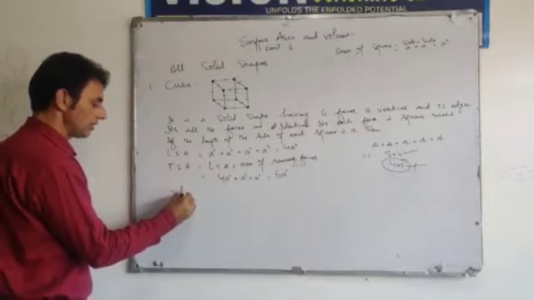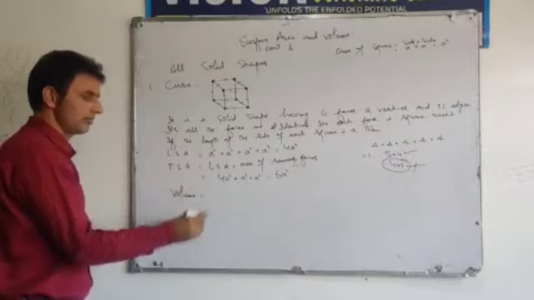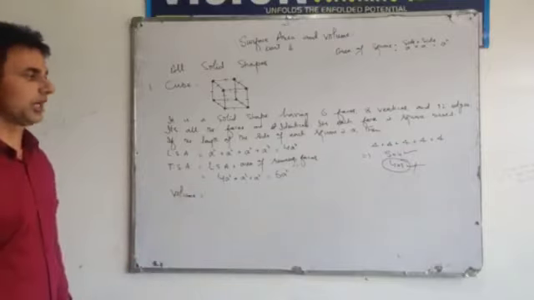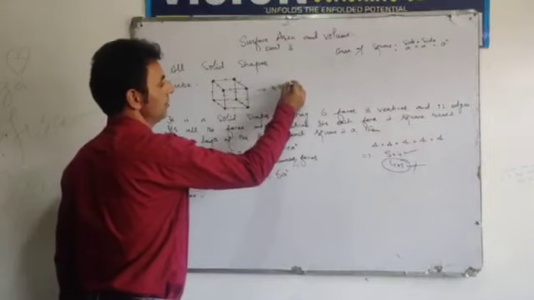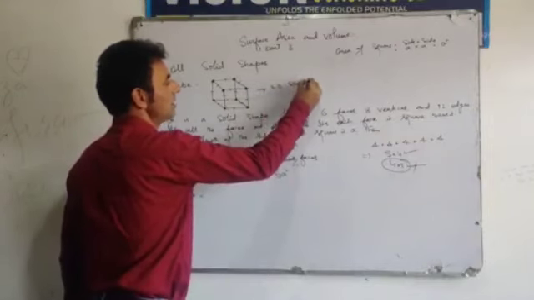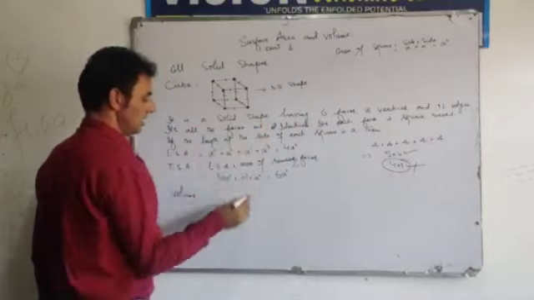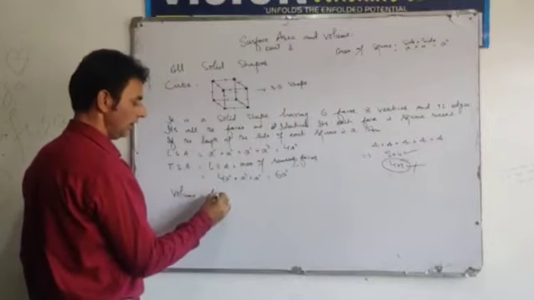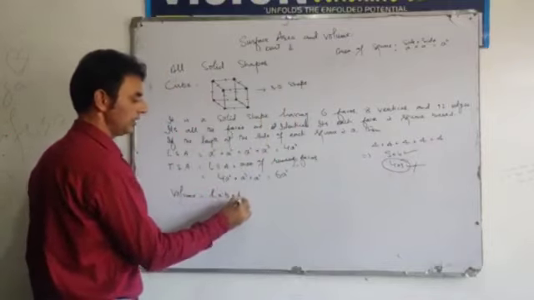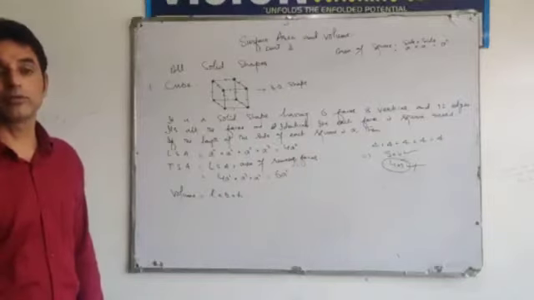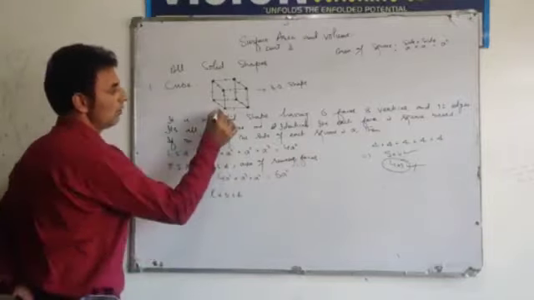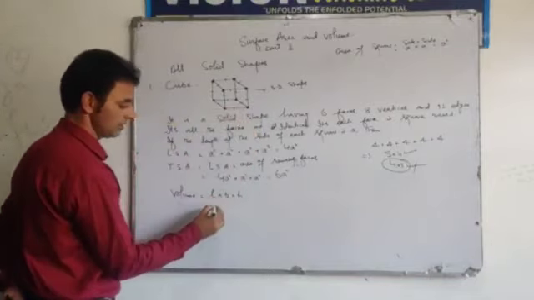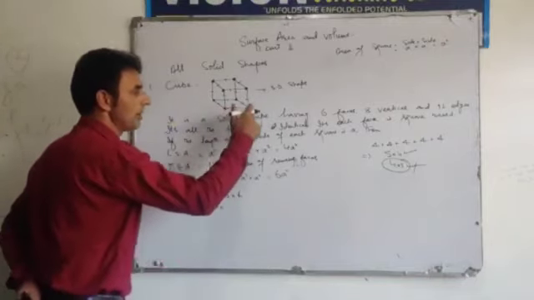Now, calculation of its volume. As you know, it is a 3D shape, and its 3 dimensions are length into breadth into height. This is the calculation of the volume of cube. What is the length of cube? It is a. What is the breadth of cube?